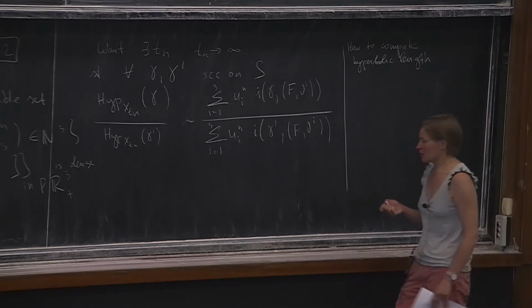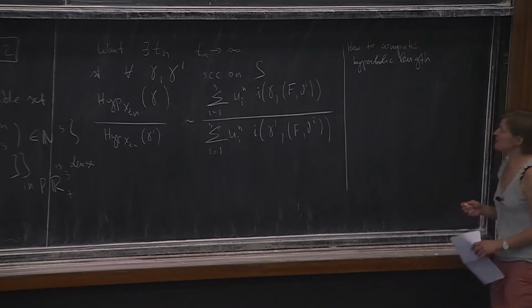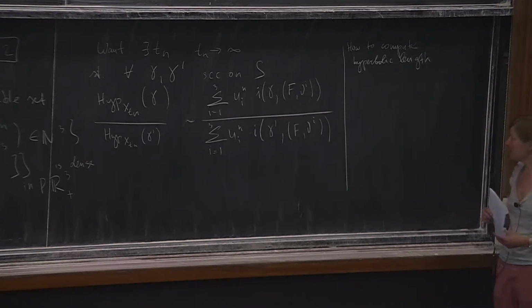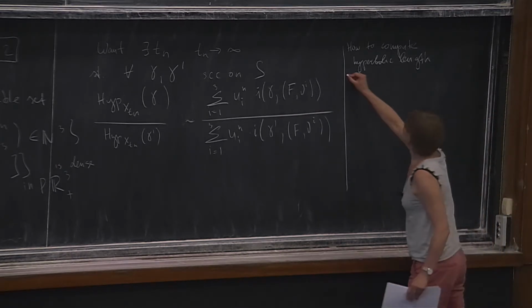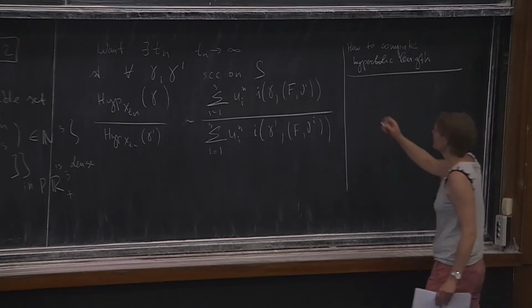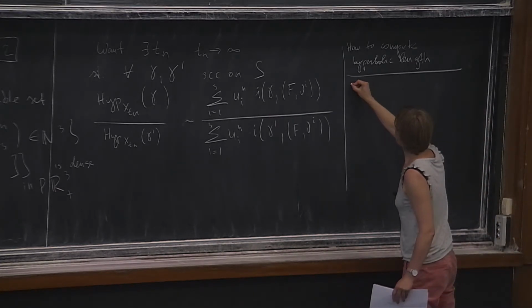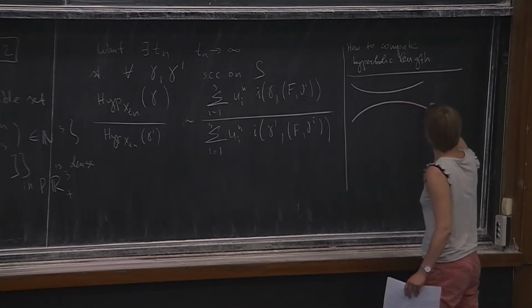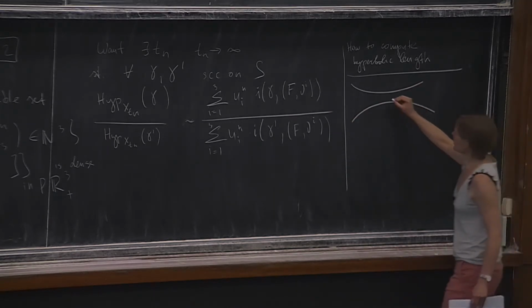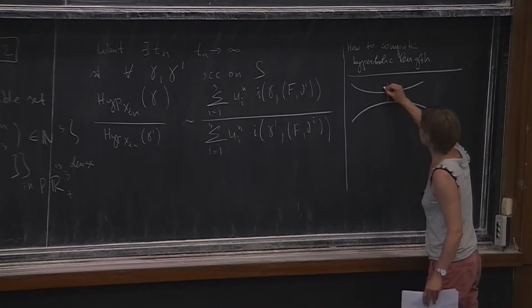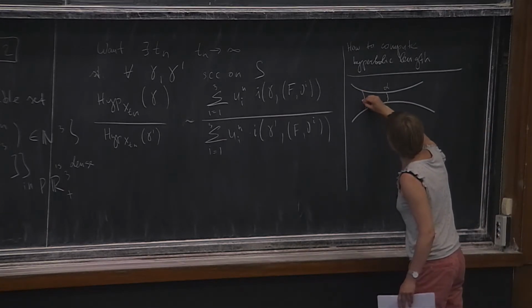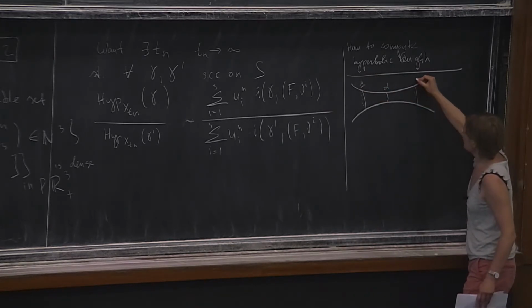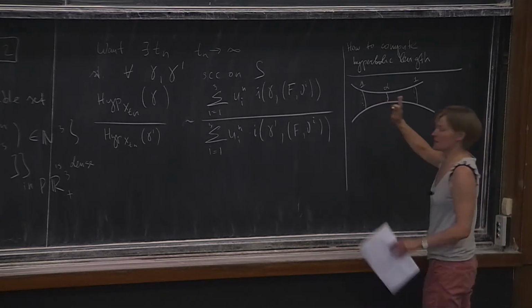In general, the tools we have are short curves: figuring out what the short curves are and using them. So more precisely, let me draw an annulus. The core curve is short, let's say very short, and in the hyperbolic metric the lengths here are 1.